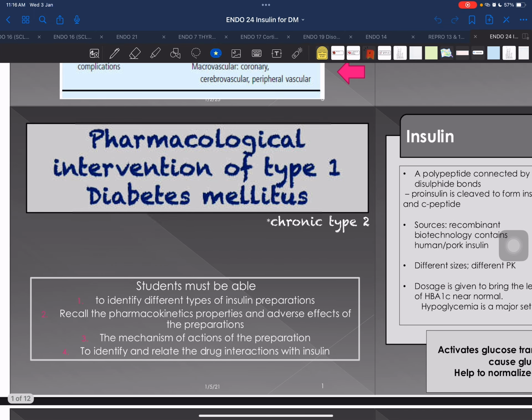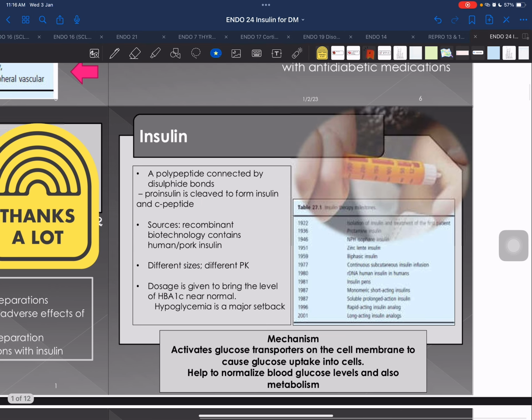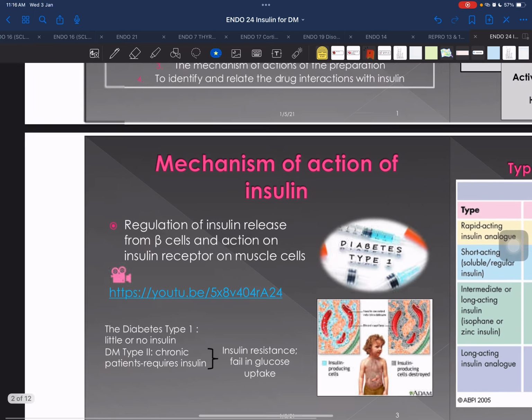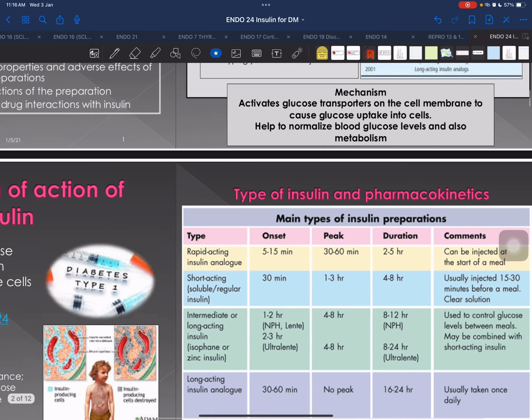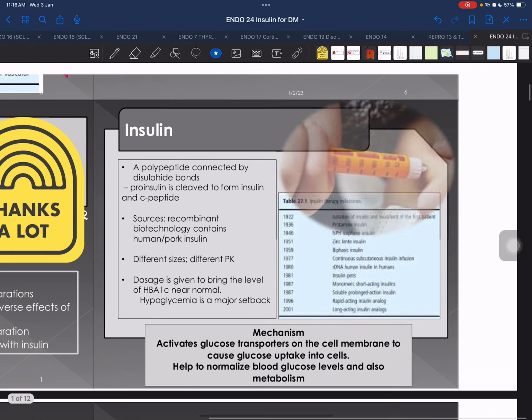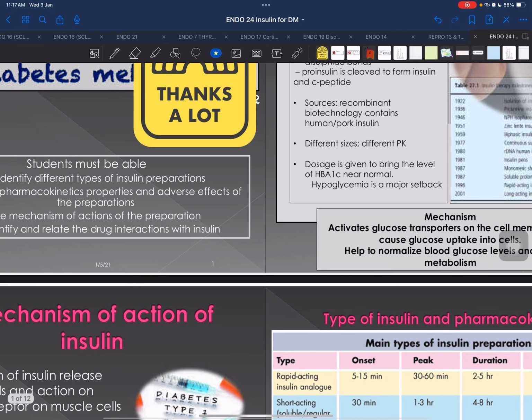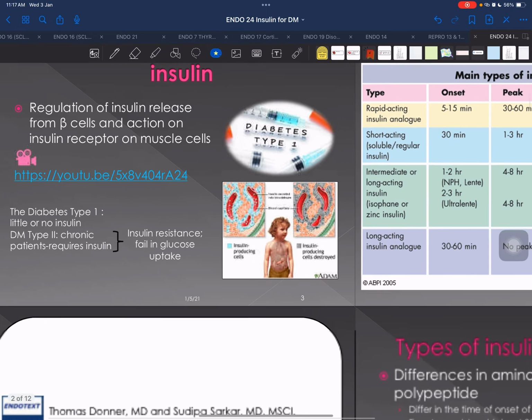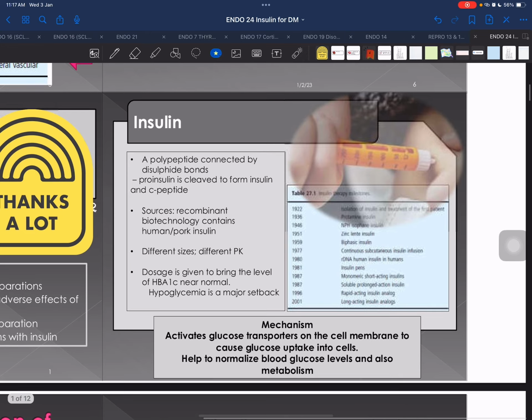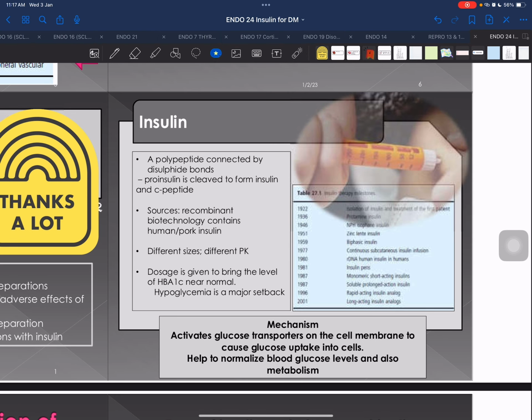Okay, so from here you can see that, okay, kita akan start dengan oral hypoglycemic agent first. Okay, so oral hypoglycemic agent. So meaning all of them will be taken orally, no such thing as injections. But insulin there will be injection. Tapi yang ni taken via the mouth.